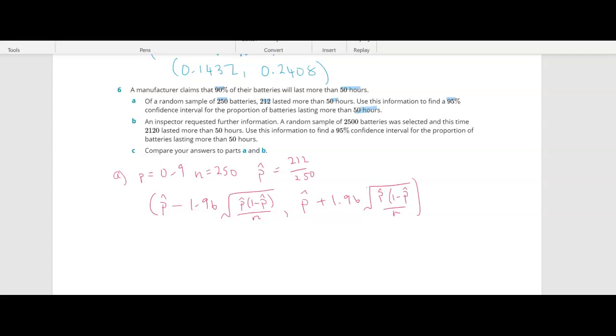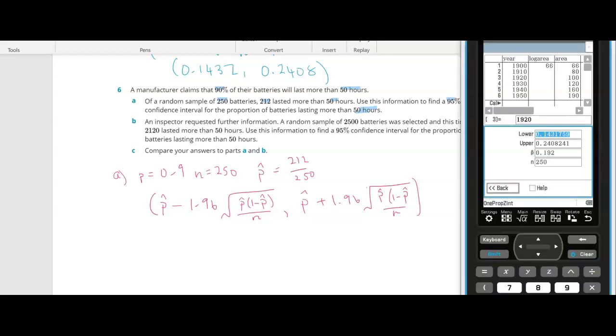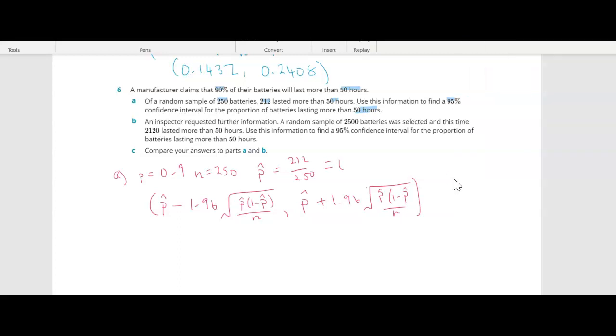All right, so I'm just going to put that straight into the calculator. X is 212, and we've got 250 again, which is good. So P hat is 0.848.